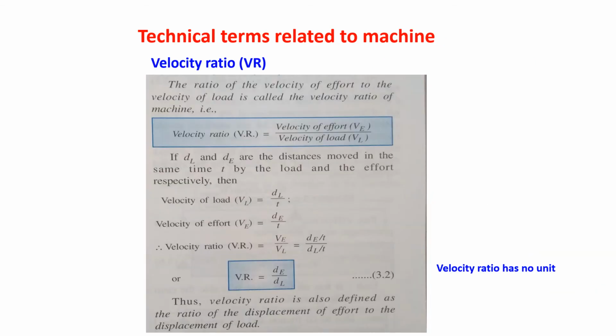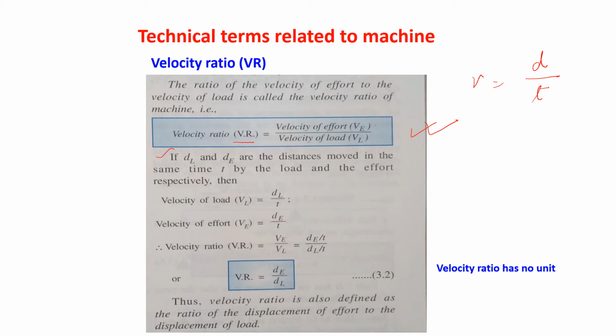Next is coming velocity ratio. The ratio of the velocity of effort to the velocity of load is called the velocity ratio of a machine. The velocity ratio is denoted by VR, velocity of effort by velocity of load. Velocity means the distance traveled in a particular time, d by t.